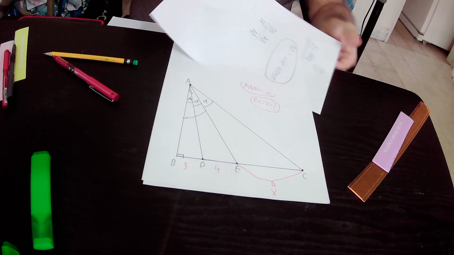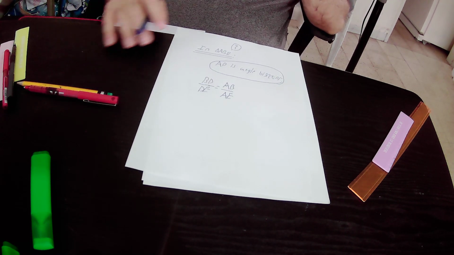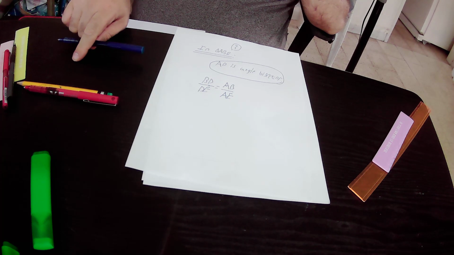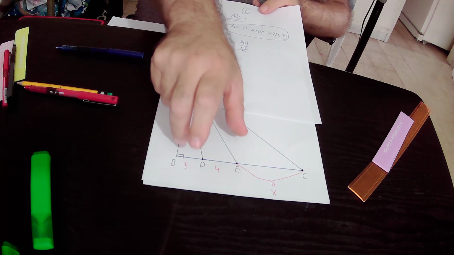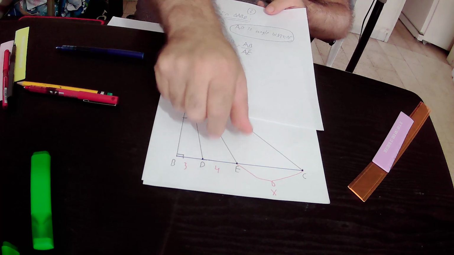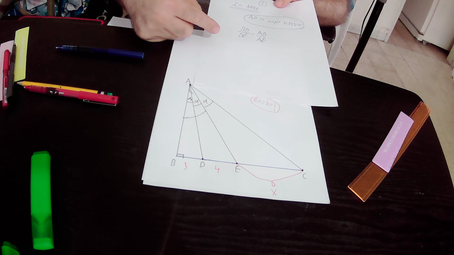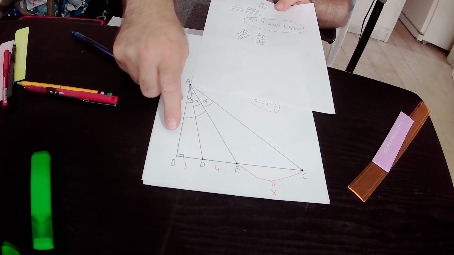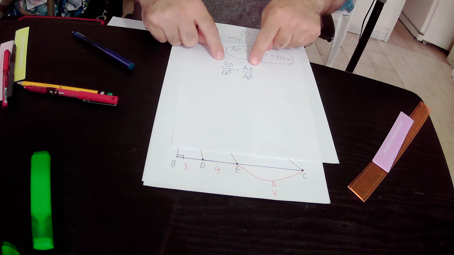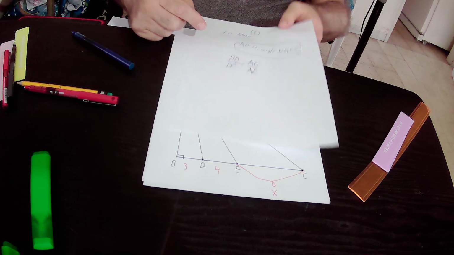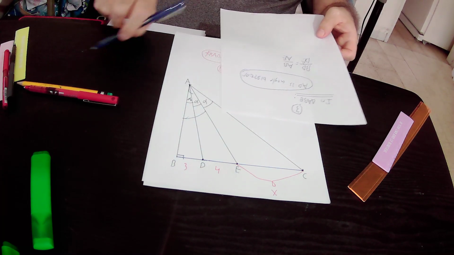So the ratio in which angle bisector AD divides side BE is BD over DE, and that ratio equals the ratio between the angle legs, AB over AE. So those two ratios are equal to each other. What is the value of BD?